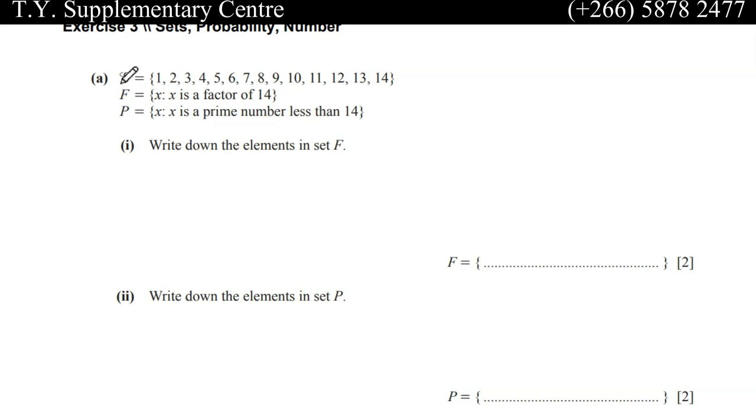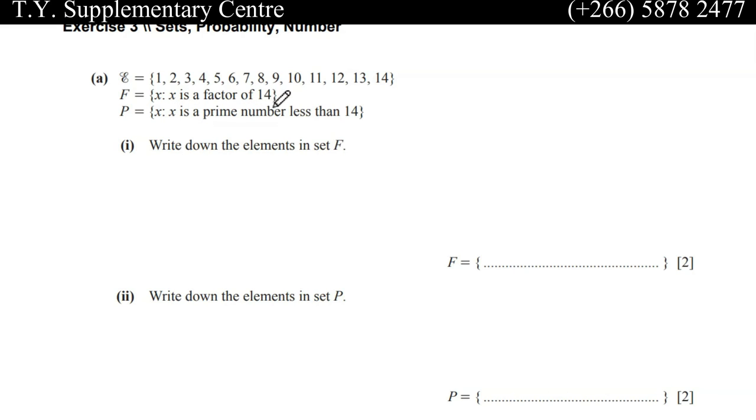So we have a universal set here which contains numbers 1, 2, 3 up to 14, and then we also get set F, and this is the description of set F. We are told it is x such that x is a factor of 14, meaning set F is made up of elements in this universal set, but only the elements which are factors of 14.